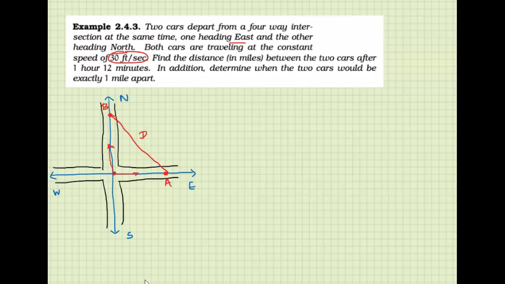This makes a right triangle, right here. We can use the Pythagorean theorem. Or another thing that you've been learning in this chapter is the distance formula. The distance formula is basically just a rewriting of the Pythagorean theorem in a coordinate plane. So let's look at the distance formula.